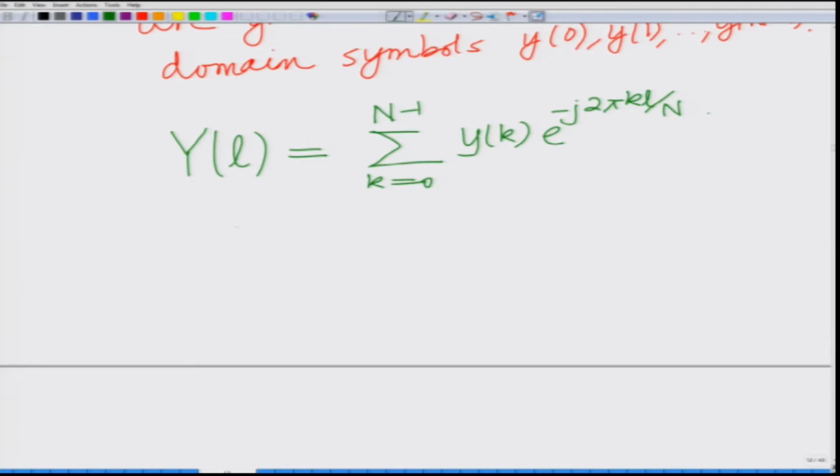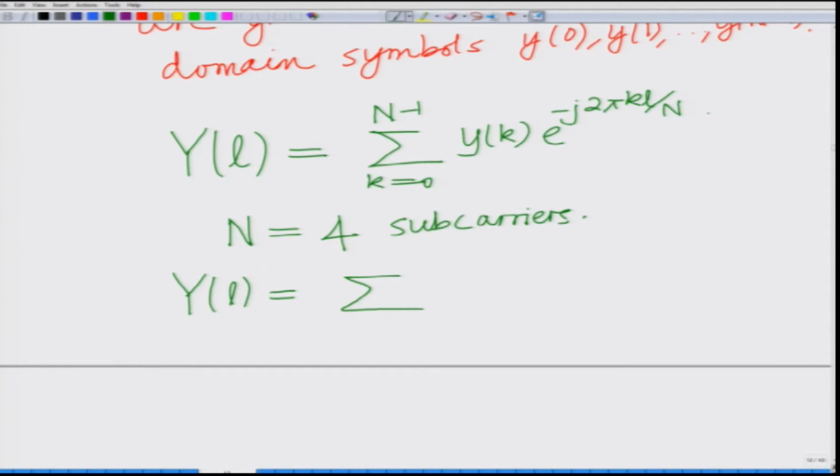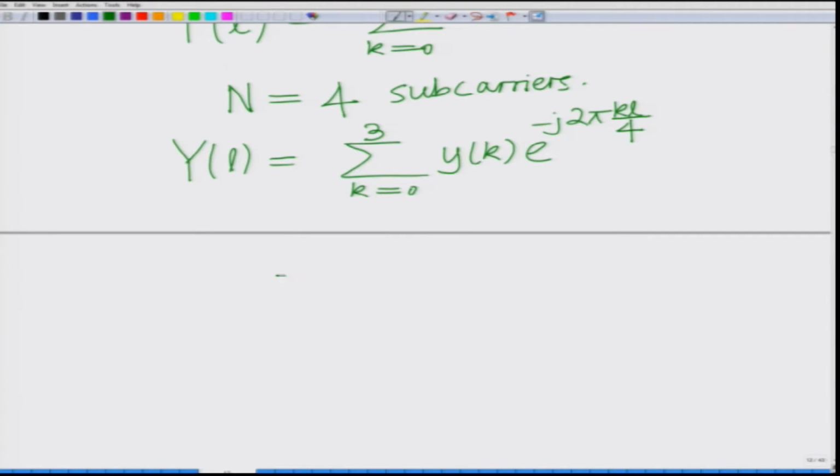In our particular example, we are considering n equal to 4 subcarriers. So, we have YL equals summation k equal to 0 to n minus 1, that is 3, of yk e raised to minus j 2 pi kl by n, that is 4, which implies that YL is equal to summation k equal to 0 to 3 of yk e raised to minus j 2 pi kl by 4, which is basically e raised to minus j pi by 2 kl.